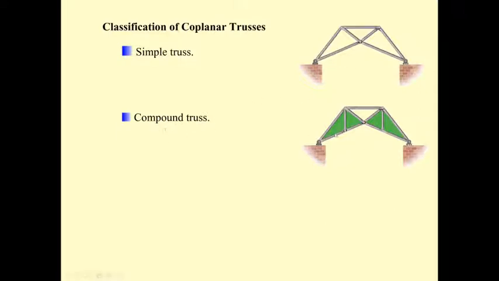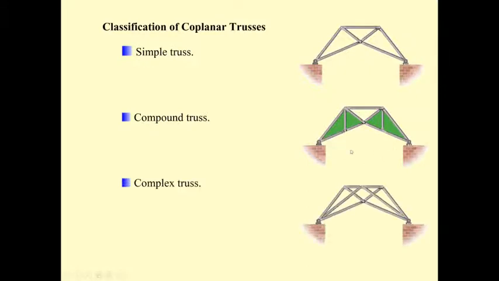And if simple trusses connect to each other with joints and members, we call this a compound truss. This is a compound truss type 1. And the complex truss is going to be more complex than the simple and the compound truss. That's easy to see from the picture.